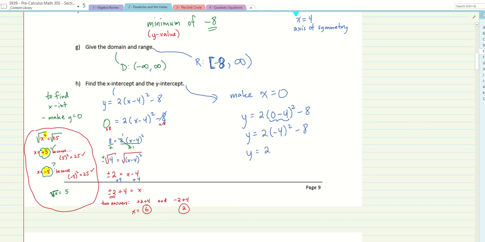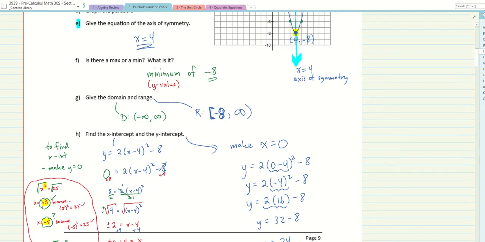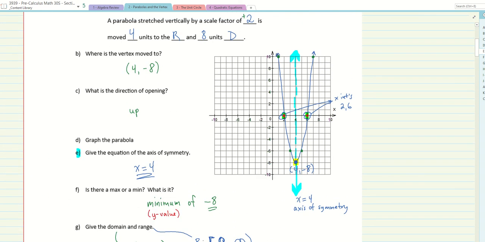So then that's 2, and now next we get a square, so negative 4 times negative 4 is 16. 2 times 16 is 32 minus 8, and 32 minus 8 is 24. So this parabola crosses the y-axis when y is 24. If we go back up to the graph, you can see that's probably true, that way up there, if we keep growing this parabola, it's eventually going to cross the y-axis at 24.